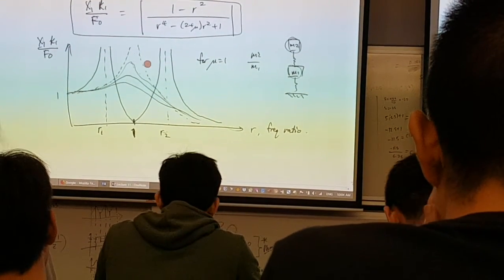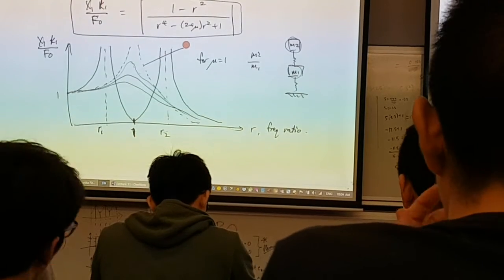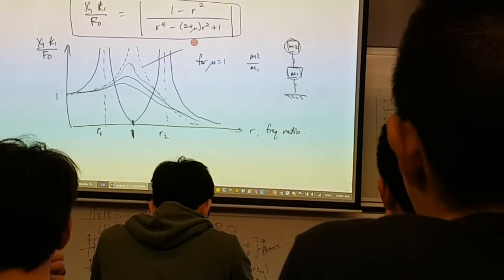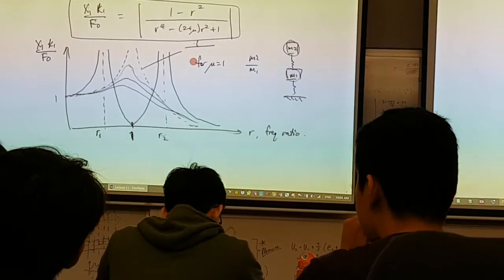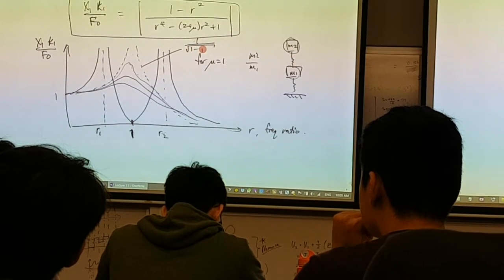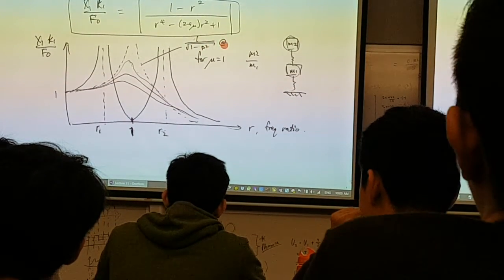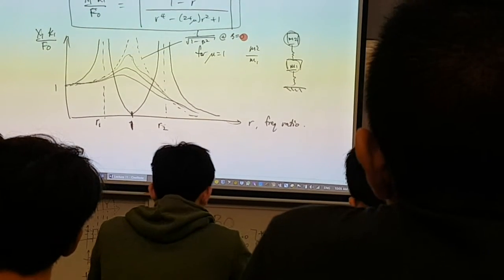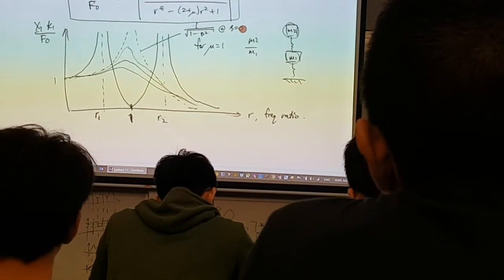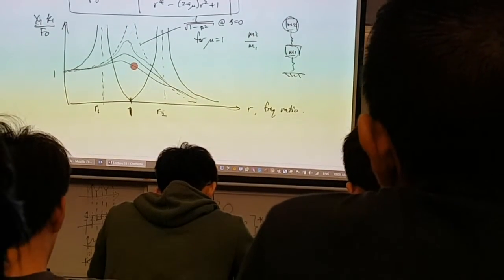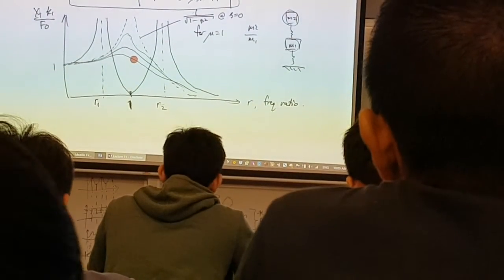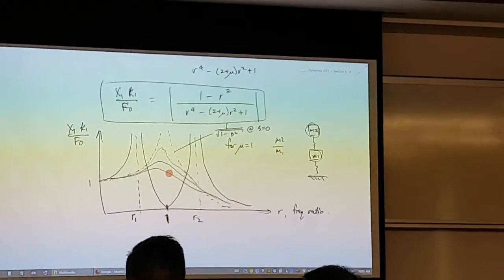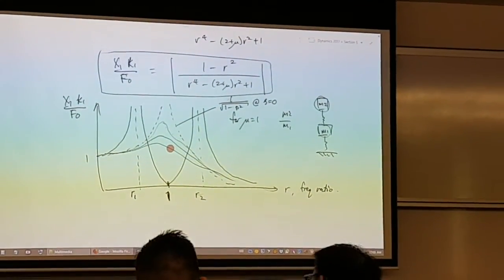If you still remember, we had seen this equation before: 1 over the square root of 1 minus theta squared, at theta equal to 0. We have seen this one before. That was the case for a 1 degree of freedom system. So when it hits 1 on the frequency ratio, it will resonate.